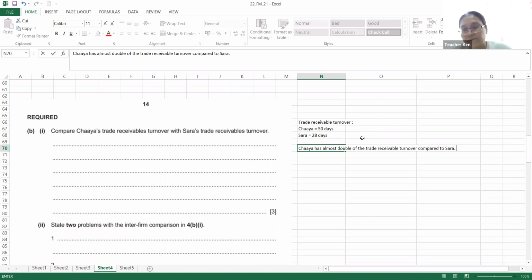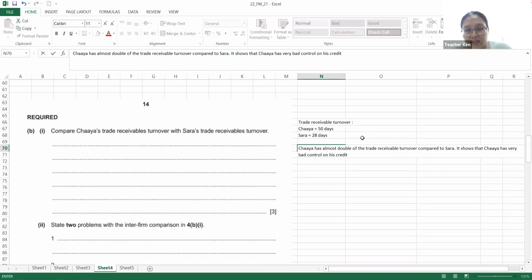This is the first sentence. Second sentence is to show that Chaya has very bad control on her credit.